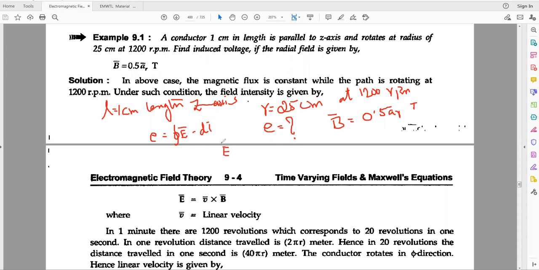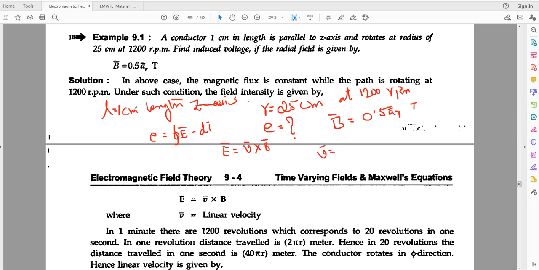E bar is equal to V bar cross B bar, where V bar is the linear velocity, and B bar is equal to 0.5 a_r bar. Here V bar is a linear velocity. What is V bar now?